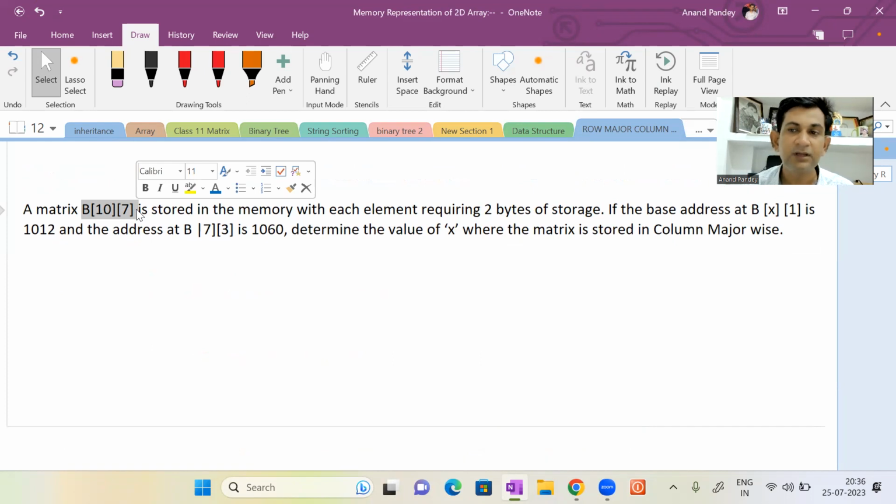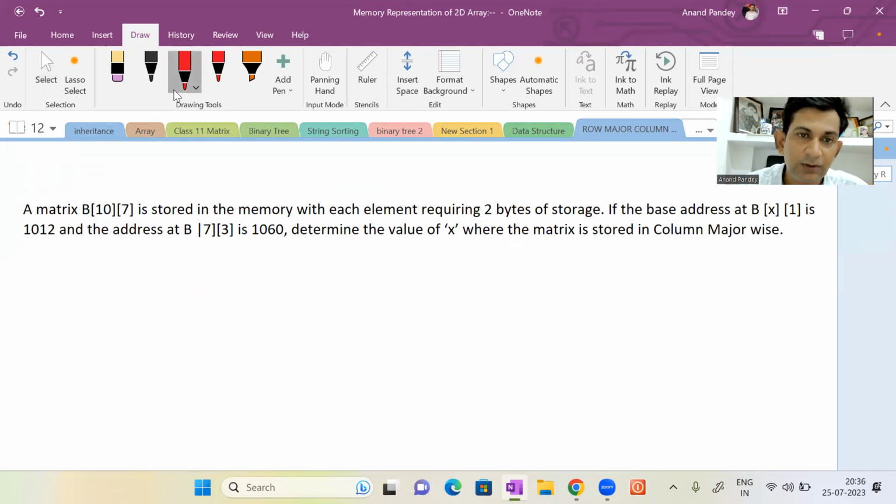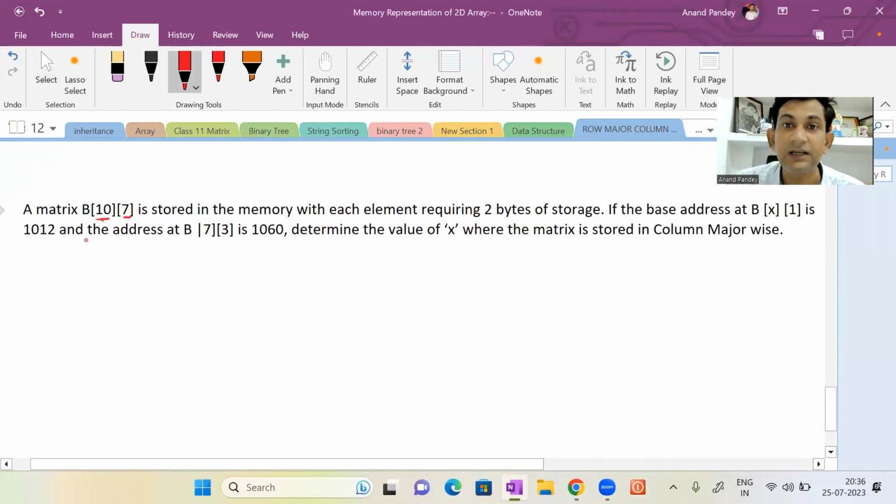Here the dimensions are given directly: this is the number of rows, and this is the number of columns. Instead of giving LR, UR, LC, UC, they have given the dimensions directly, how many rows and how many columns there are.